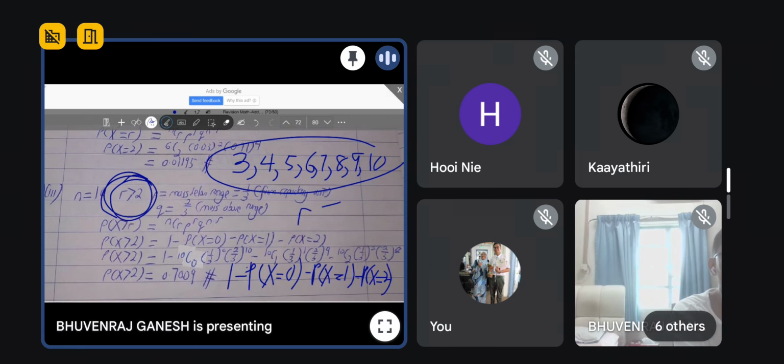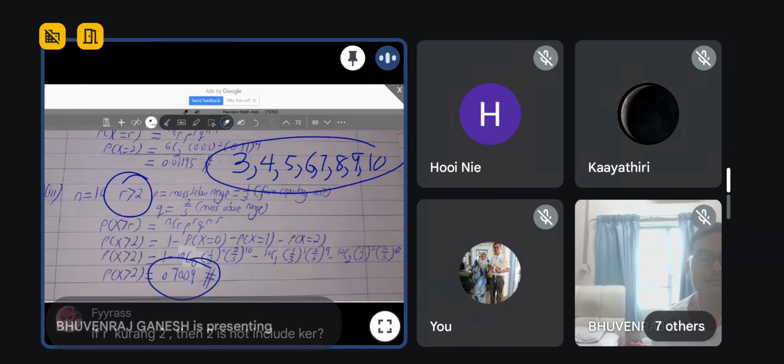So means that when you minus, it'll be r less than or equal to 2. Lebih kurang atau sama dengan. When you reverse, kamu fikir secara opposite. So then you just sub the value, you will get the answer. Final answer is 0.7009. Okay guys, until now, can you all understand?